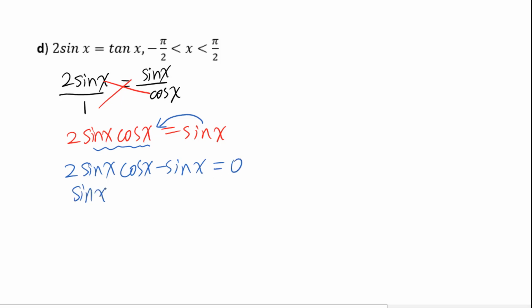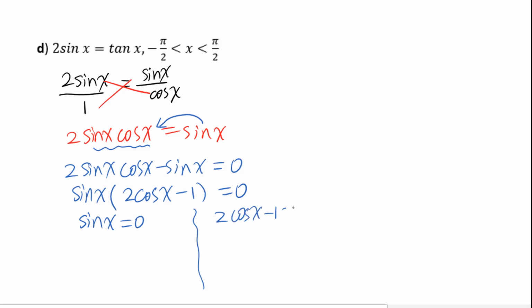Sine x is common factor. So you have sine x times (2 cosine x minus 1) equals 0. So sine x equals 0, or 2 cosine x minus 1 equals 0. We will get cosine x equals 1 over 2.